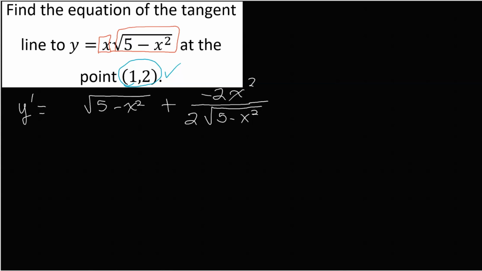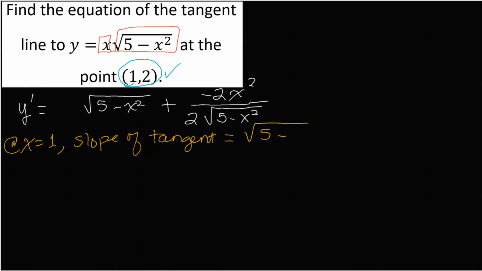And then you would say, well, I'm really after the slope. So when x is 1, the slope of the tangent line is equal to square root of 5 minus 1 squared plus negative 2 times 1 squared over 2 times square root of 5 minus 1 squared.